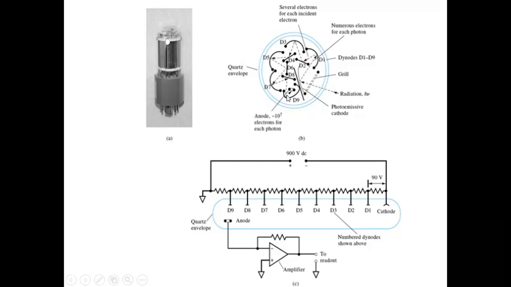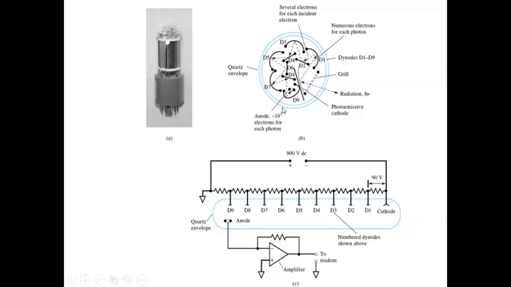Now when it comes to dynode 9, for one photon, lots of electrons have been generated. It says at the anode nearly 10 to the power 7 electrons for each photon. For one photon, nearly 10 to the power 7 electrons have been generated.